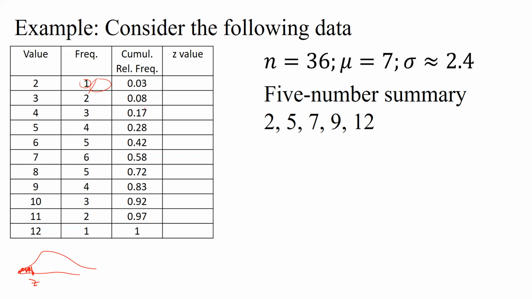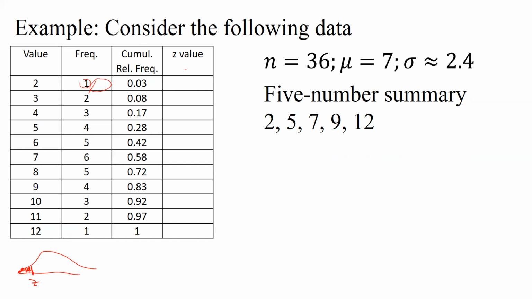So for 0.03, that looks like it would be negative 2.75. Wait, is that right? Am I looking at that right? No, I'm off by a power of 10. Okay.